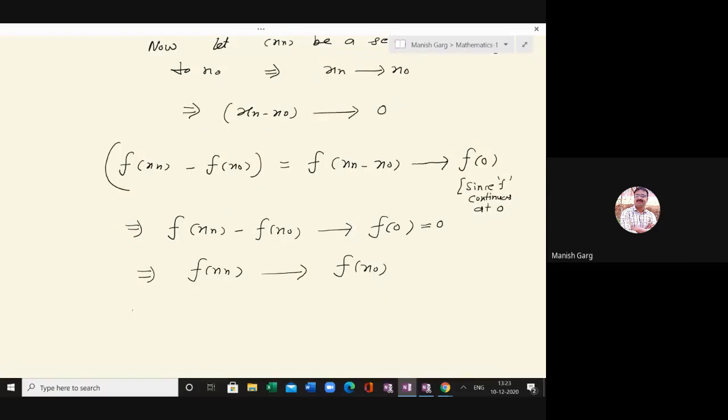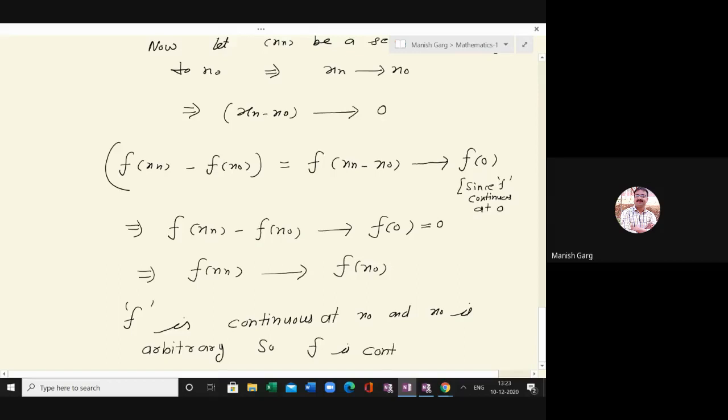So here f is continuous at x naught and x naught is arbitrary. So f is continuous at x naught for all of R. So this is an example.